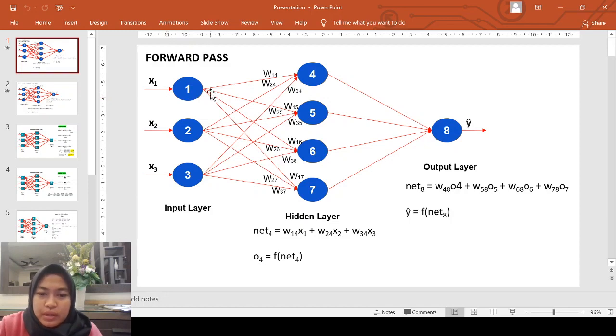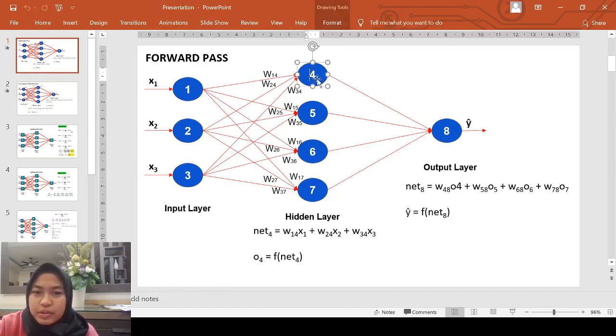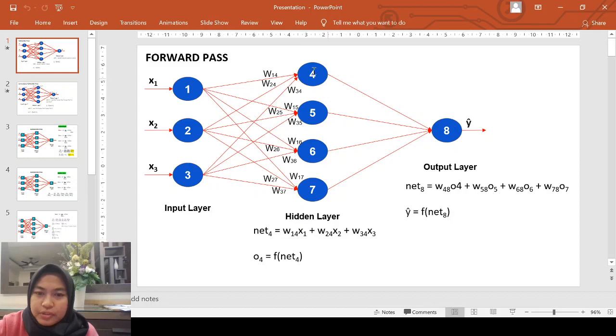We want to calculate the net of the second layer, which is the hidden layer. This is node or neuron 4, so we want to calculate the net of neuron 4.